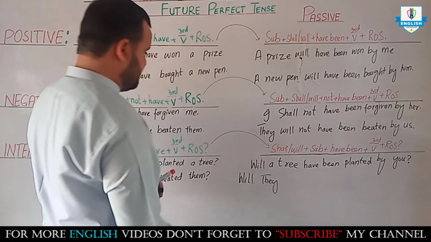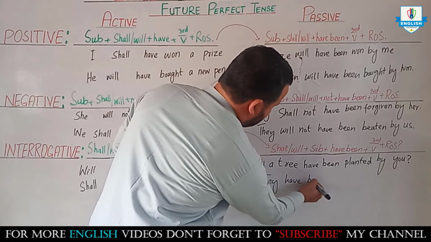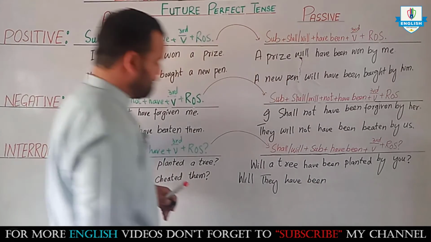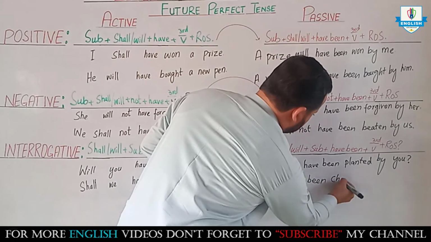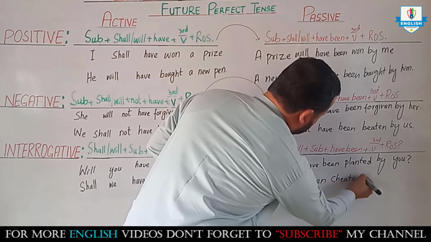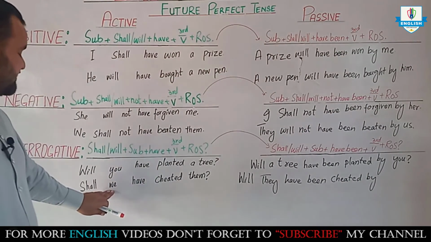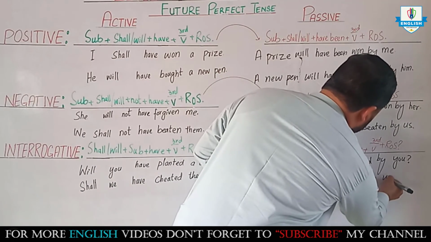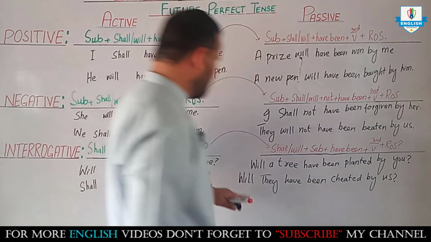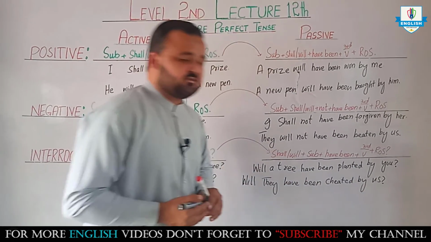Will they have been cheated by a specific agent? And the objective case of we is us. Cheated by us. Will they have been cheated by us?